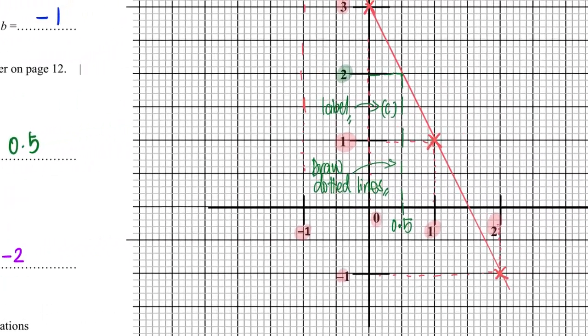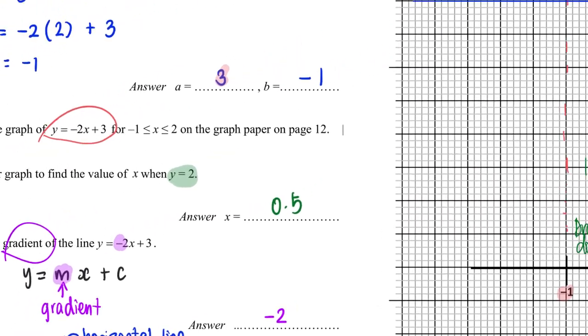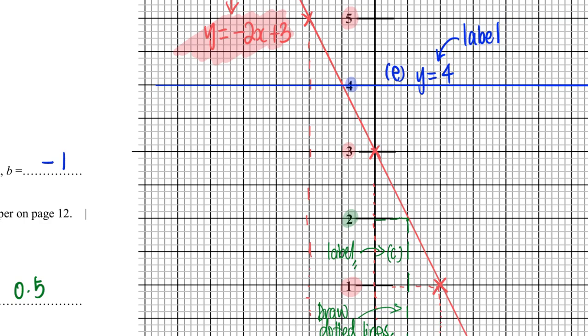So when I go back to this question, y equals to 4, I saw the y equals to 4 here, and I'm going to take out my ruler and just draw a nice long horizontal line, and please label the equation of the line. Okay, it will also be good, since we know that this is part E, label part E also.